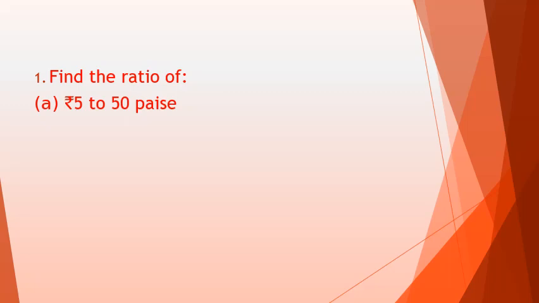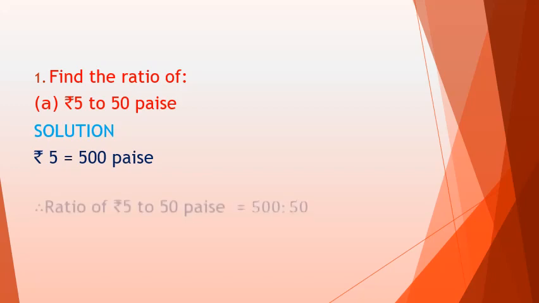So we have to convert both into the same unit. Either you convert into rupees or convert into paise. Here I am converting the rupees into paise. As you know that rupees 1 equals 100 paise. Hence, rupees 5 gives 500 paise.